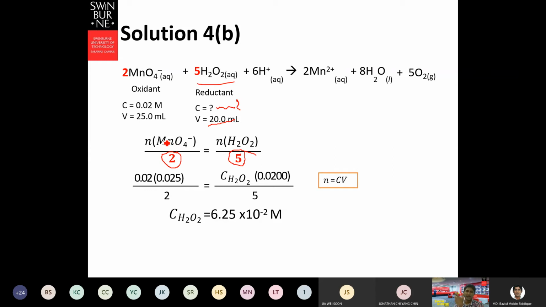This is the extra thing that you should remember, the stoichiometric ratio. We divide with it, and from there we find the concentration of hydrogen peroxide.